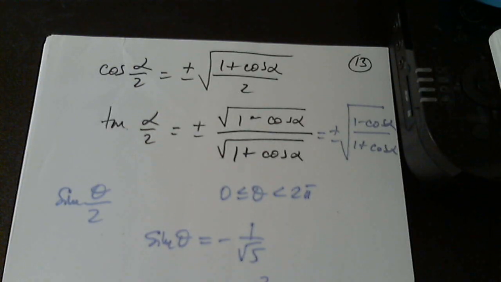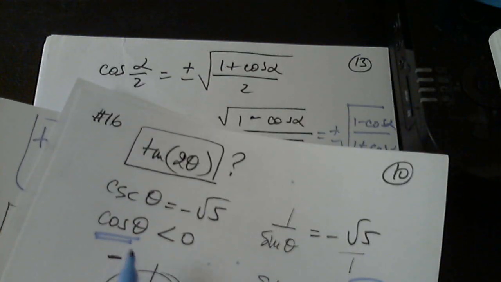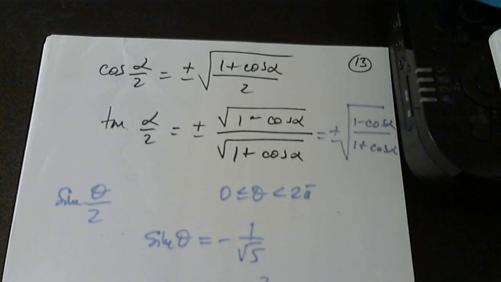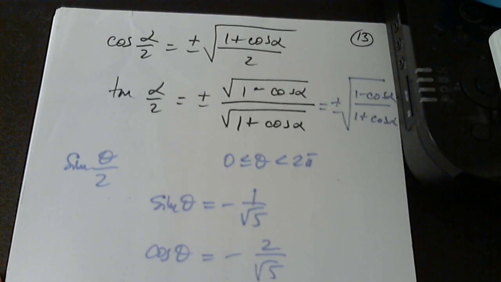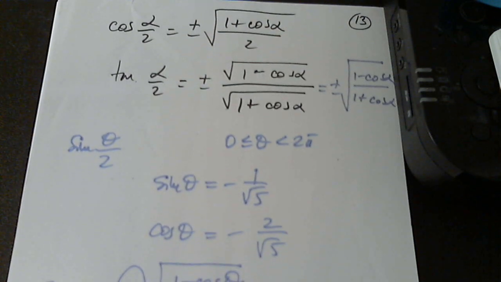We also had that theta was in the third quadrant, which means from pi to 3 pi over 2. Now the question is, what do I pick? Do I pick positive or negative?